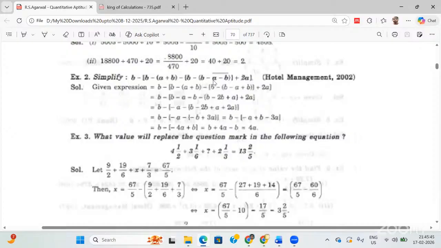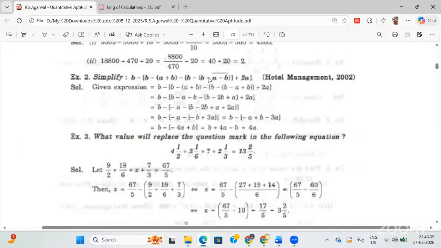If there is a symbol, then they will properly mention it within the bracket or within the var or whatever, like this. In this case, there is no kind of information regarding the sign of a under this var. Then we can say this a is positive and the b is negative, definitely.